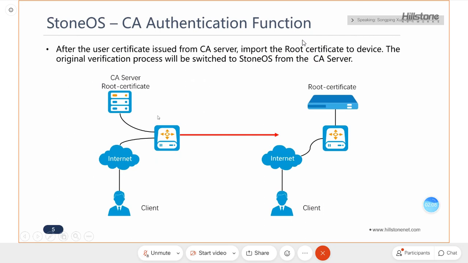After the CA certificate is issued from the CA server, we can import this root certificate to our Hillstone firewall. In this case, the original verification process will be switched from the CA server to the StoneOS, which is our firewall. So the firewall will help to do the certificate verification instead of the CA.